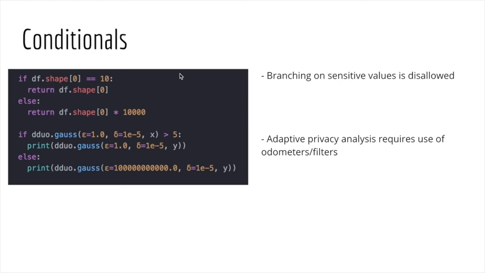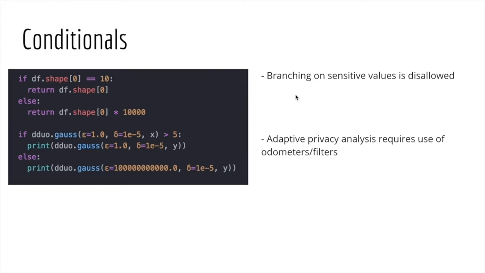To retain soundness in our dynamic analysis, DDUO requires that the conditional guards contain no sensitive values. A runtime error is thrown if DDUO finds a sensitive value in the guard position, as in our example. This approach does not limit the set of useful programs we can write, since conditionals with sensitive guards yield infinite sensitivities, even under a precise static analysis.